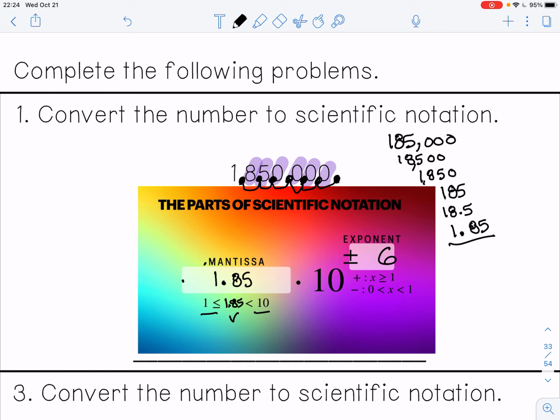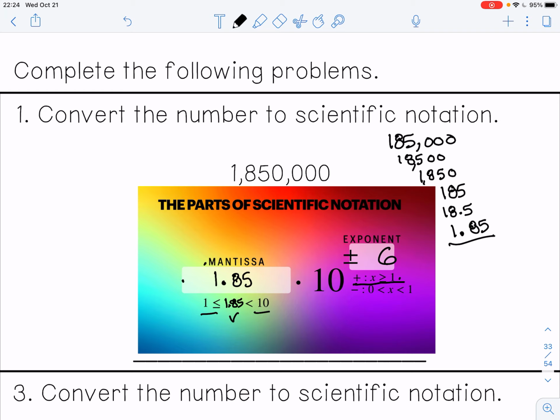It is going to be positive if our original number, and I'm going to erase this so we can see our original number. Remember, our original number was 1,850,000. So we need to ask ourselves, it's going to be positive if the original number is bigger than 1.